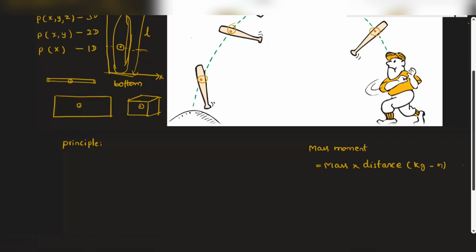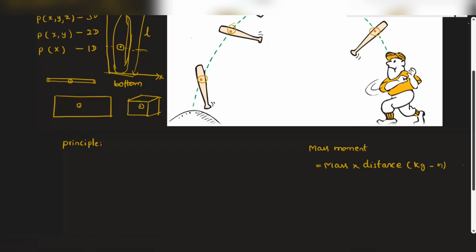So the basic principle for any body, whether it is one dimensional, two dimensional, three dimensional, composite, whatever the body may be, if you want to understand it, you have to understand this basic principle. What is that?